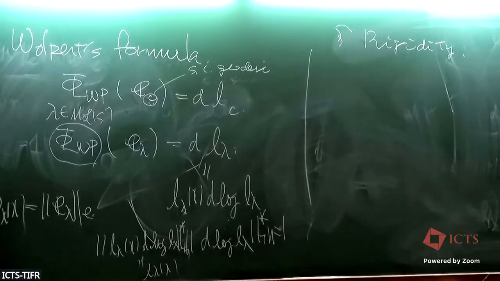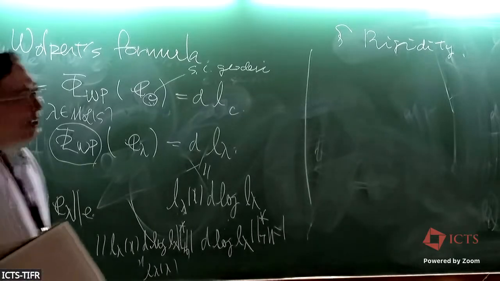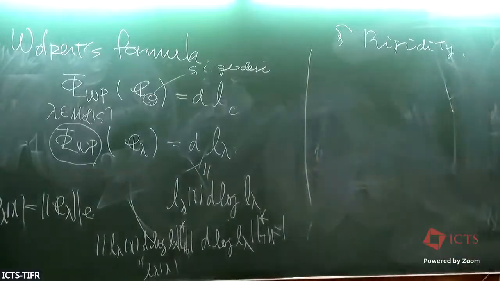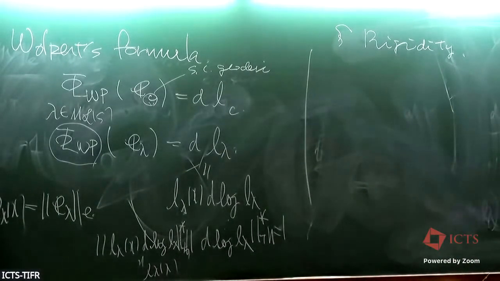For instance, you can prove it by using this and the rigidity for the Thurston metric. But what I'd like to explain today is the proof independent of this duality. And actually the proof is shorter in the earthquake case than in the case of the Thurston metric.